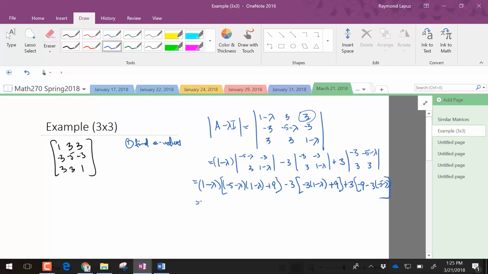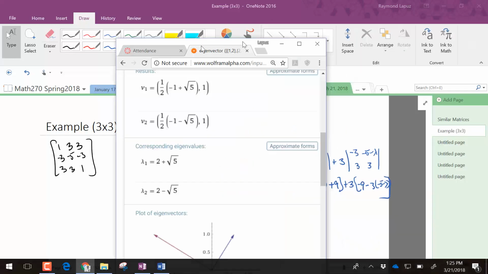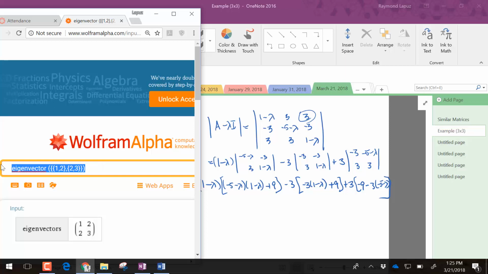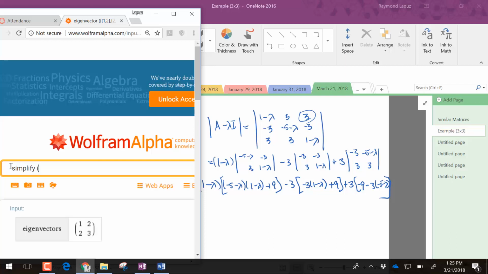All right, well, I don't know. I'm going to punch this into Mathematica or Wolfram. So I'm going to first simplify it, and then I'll solve for finding the roots. It's a big mess here. 1 minus lambda. I'll just use x.